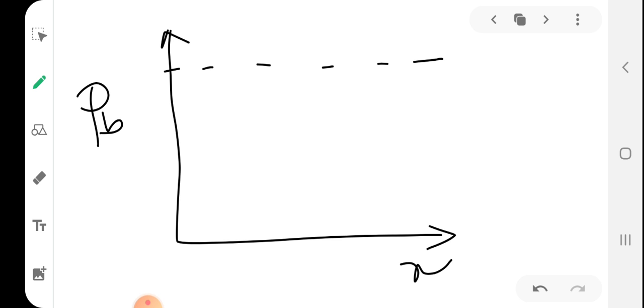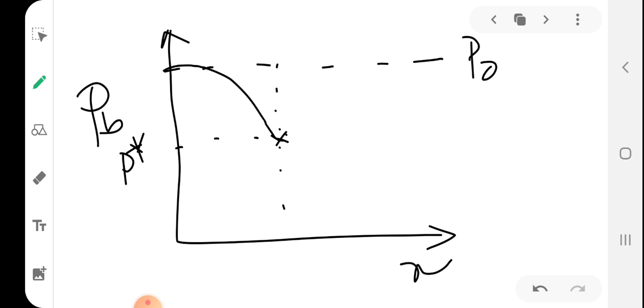Initially back pressure is equal to P0, so there won't be any flow. When I decrease PB less than P0, pressure slowly reduces along the convergent portion, and at the throat it will become P star. This is the throat area.